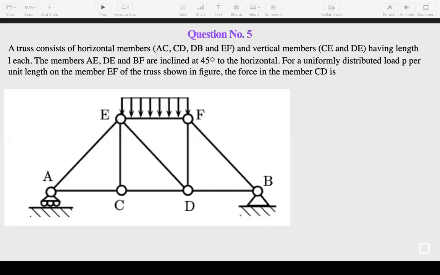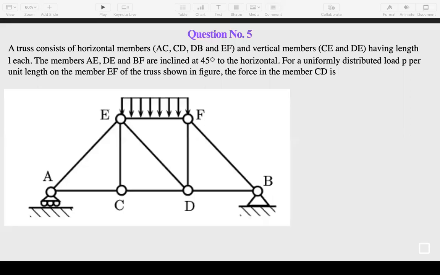The members AE, DE, and BF are inclined at 45 degrees to the horizontal. For a uniformly distributed load P per unit length on member EF of the truss shown in the figure, the force in the member CD is.